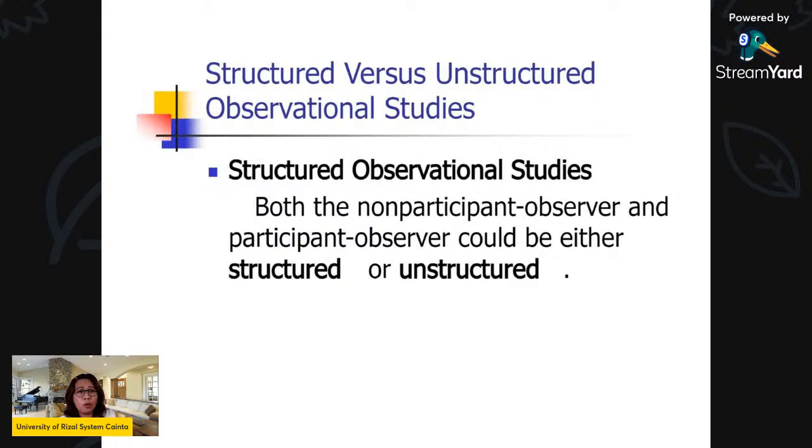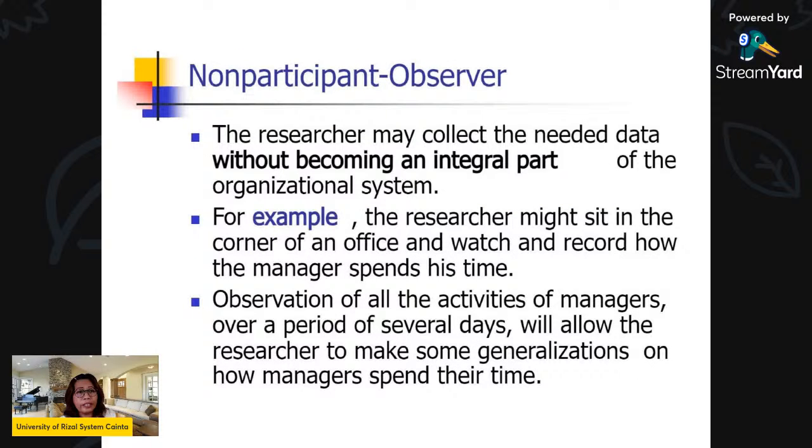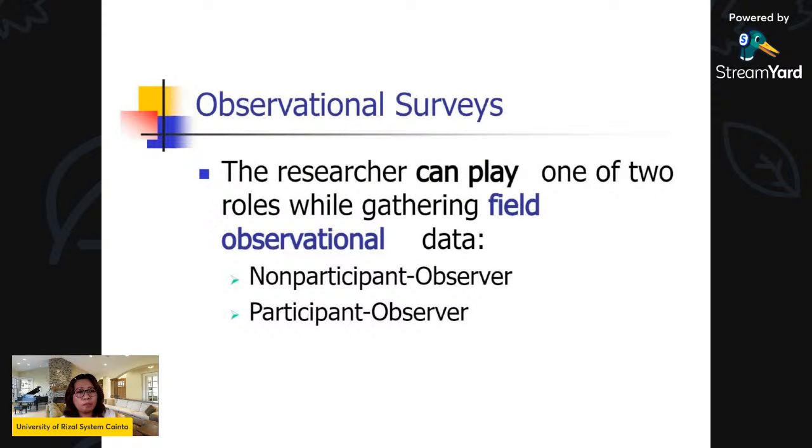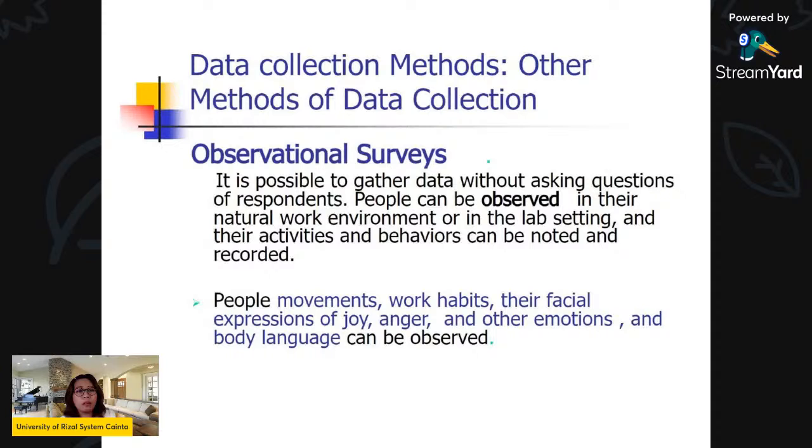For example, dito natukoy natin siya sa umpisa. Movements, work habits, facial expression ng kanilang mga mukha or body language or any that particularly what they are doing. So, yun po ang gagawin natin.